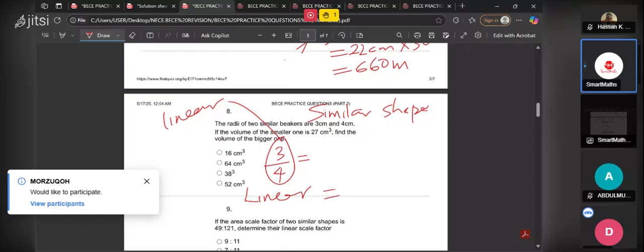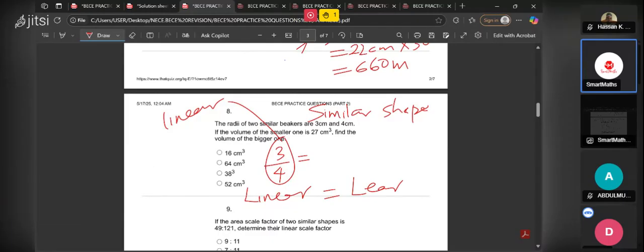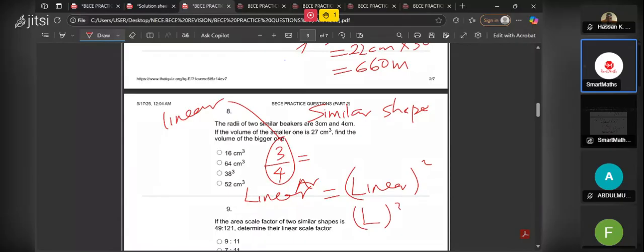If you want to convert linear to area, you are going to square the linear. You square it, so it has turned to area. Or if it is volume, you cube the linear.